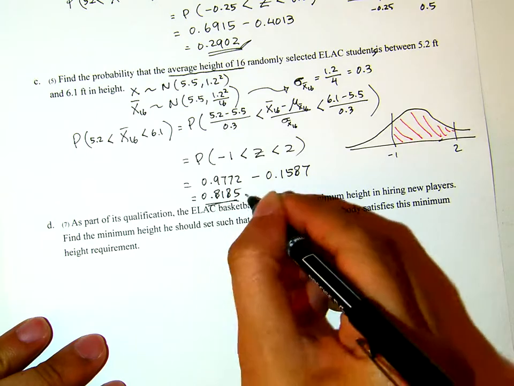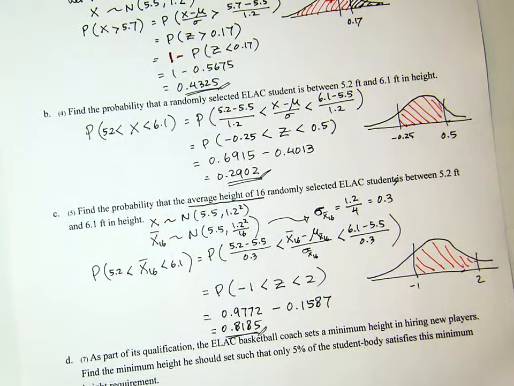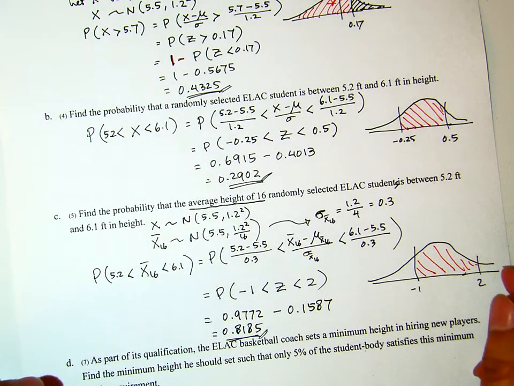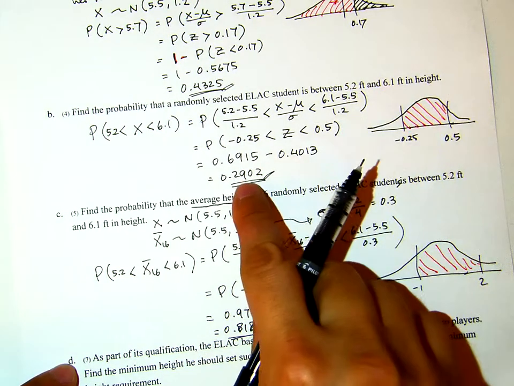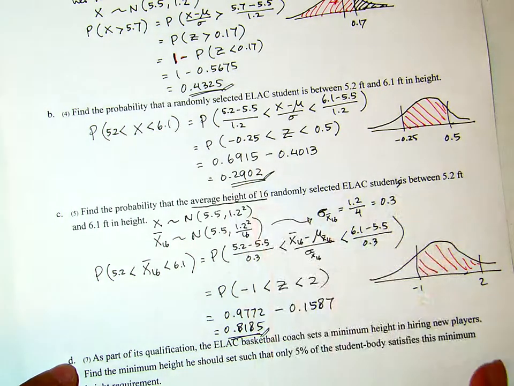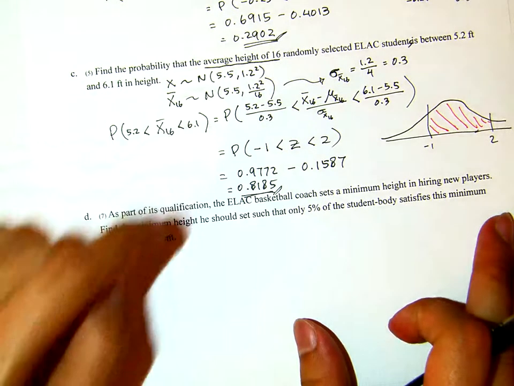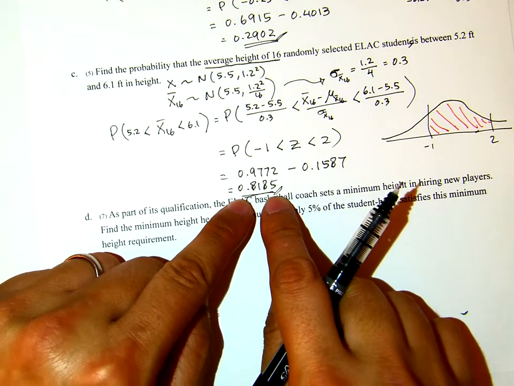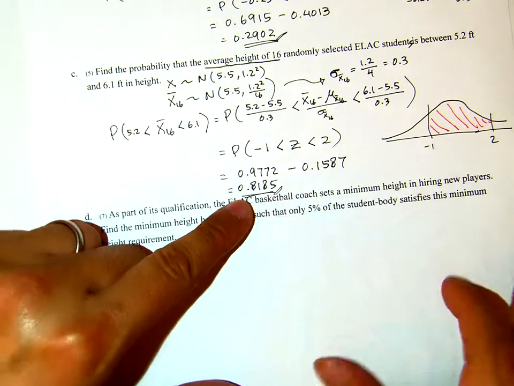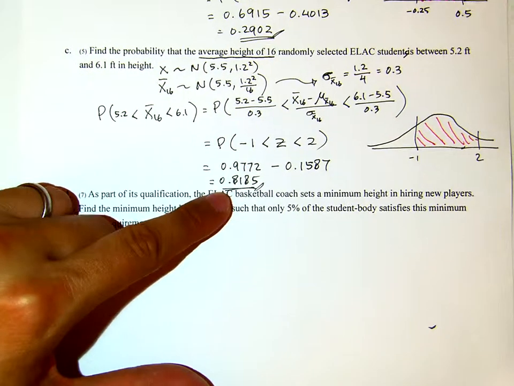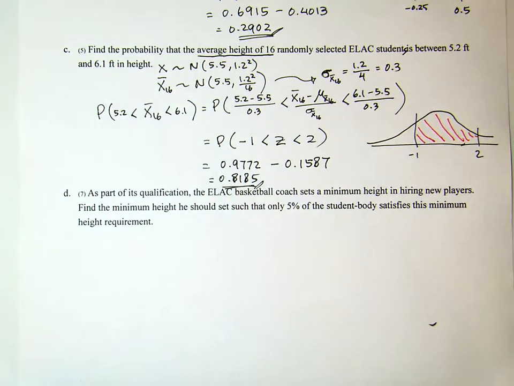So the probability that a student has height in this interval is actually less than 30%, but once you get 16 students, the average is quite likely to be in this interval.